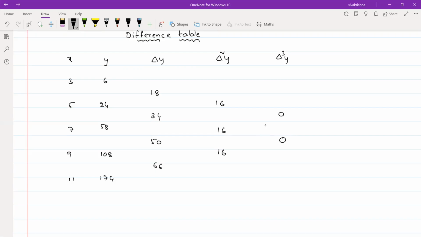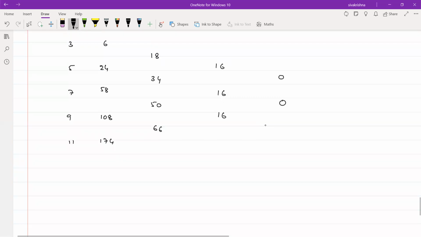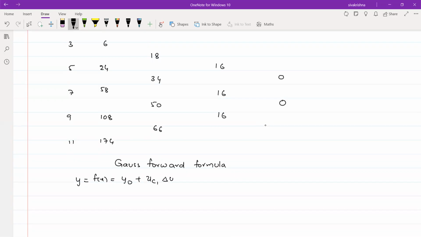Okay, so now we have to write the Gauss forward formula. We have y is equal to f of x is equal to, the first term is y naught plus uC1 into delta y naught.